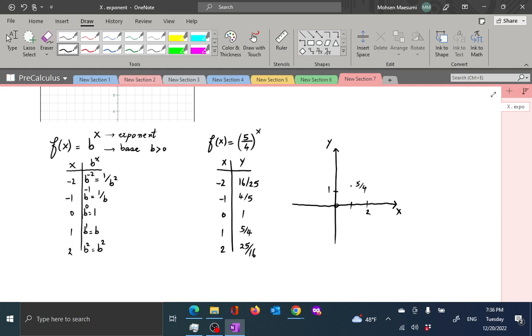You can find that on your calculator. 25/16 is almost 1.56, somewhere around here.